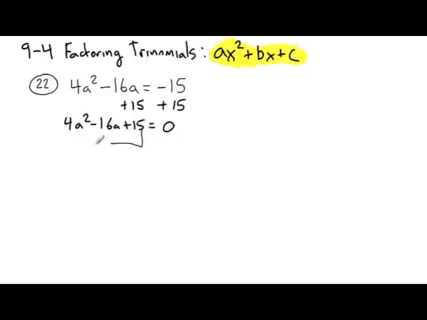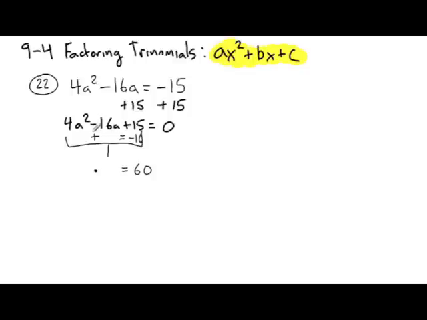So we have 15 times 4. We know that that is 60. So something times something equals 60. We also know that when you add those same numbers, we get negative 16. Here we assume that these two numbers that we're multiplying are positive because they equal positive 60.